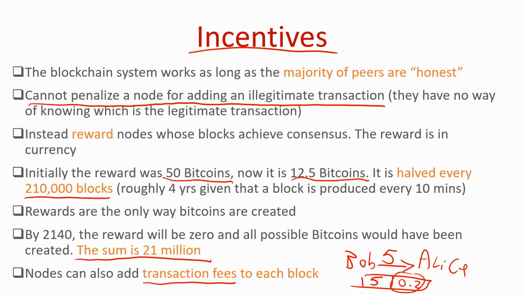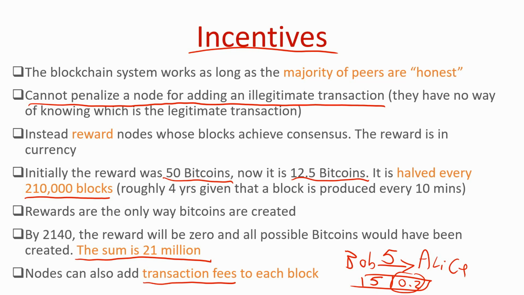If a miner includes a transaction that is illegitimate, there is a chance that other nodes will actually detect that this is an illegitimate transaction and will throw the block away, will not actually accept the block, and will start building on another block from another miner. This is how it incentivizes the miners to be honest.